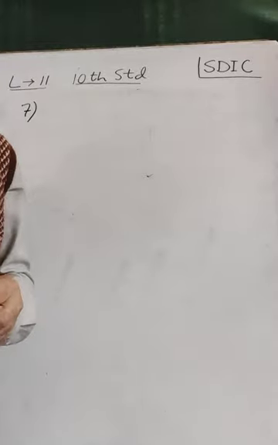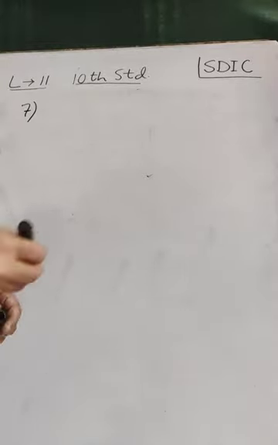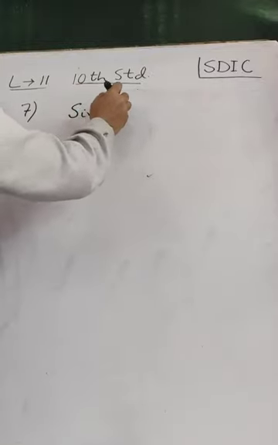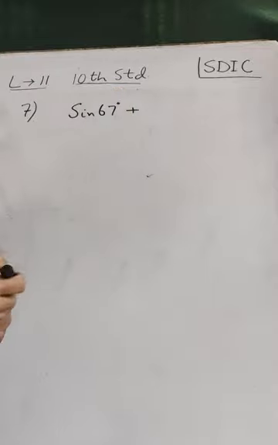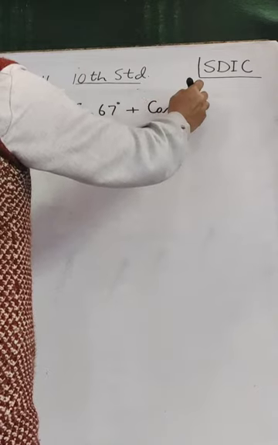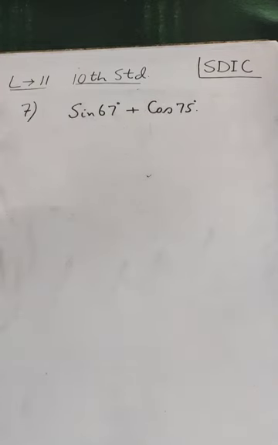In this question, we have to express sine 67 degrees plus cos 75 degrees in terms of trigonometric ratios of angles between 0 degree and 45 degree.